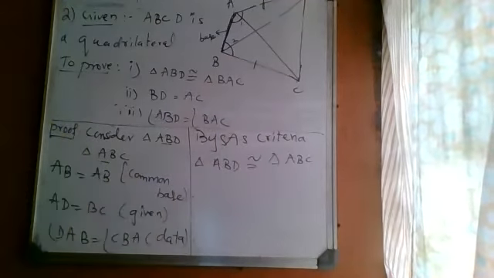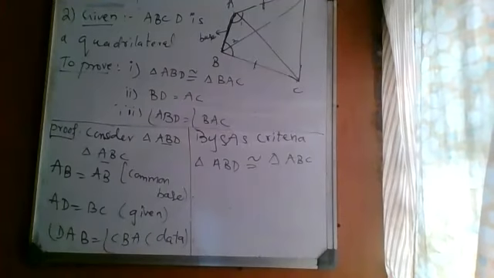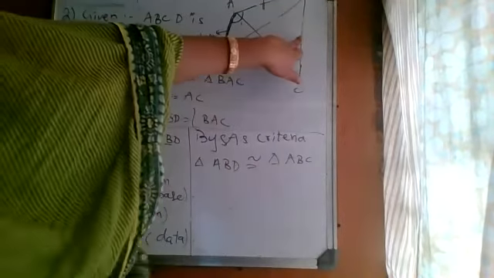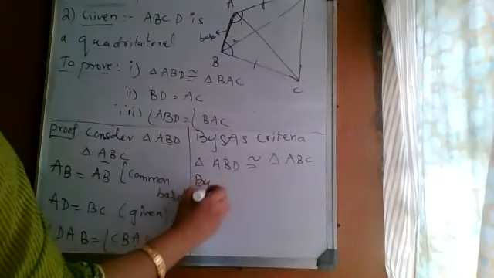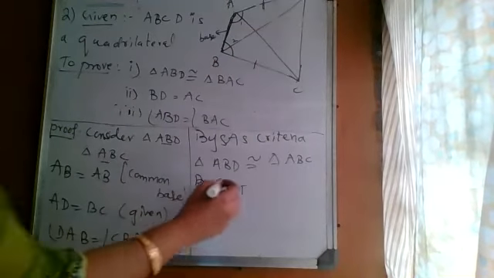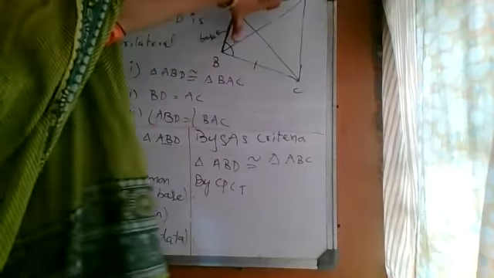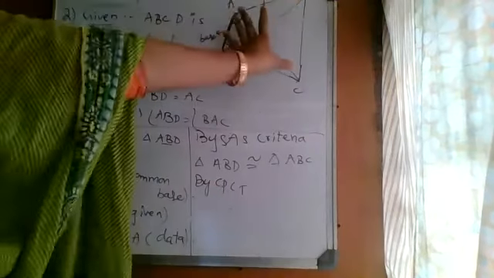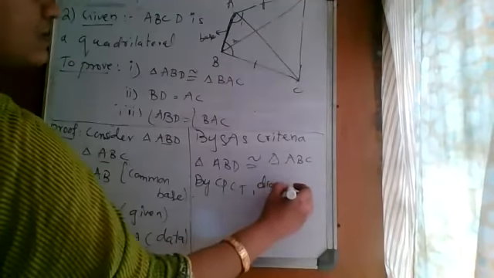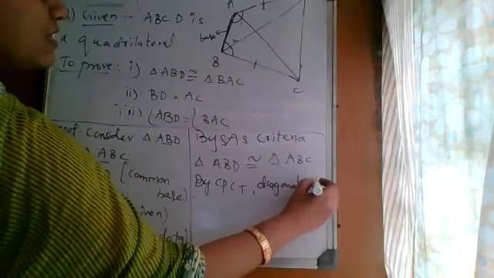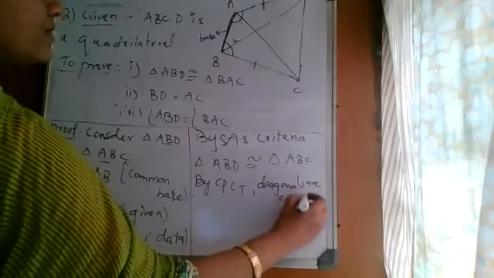Now CPCT. By CPCT, what can we say? By CPCT, these two sides are equal. By CPCT, diagonal BD is equal to diagonal AC. Diagonals are equal. By CPCT, diagonals are equal.